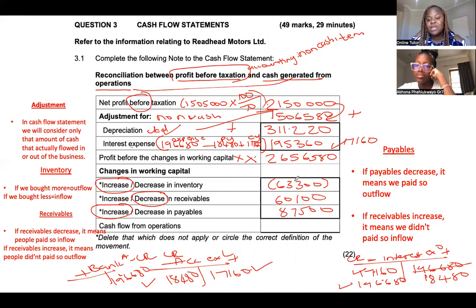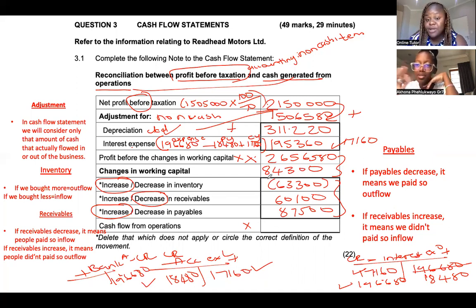Now you can calculate for us. What were our changes? These three. 633,12 plus 60,100 plus 87,500 is 84,300. Awesome. And then our cash flow from operations, which would be these two. I'm adding, correct?